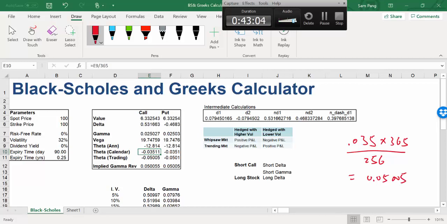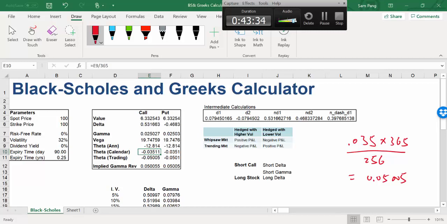Try it. 0.035 times 365 divided by 256 is 0.05005. Okay, calendar theta is practically useless.